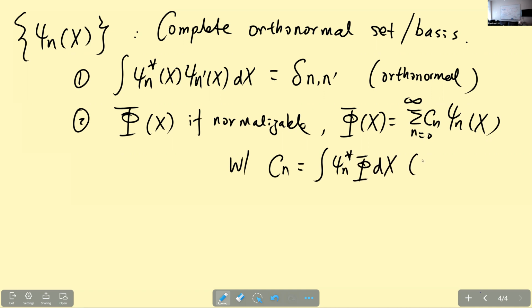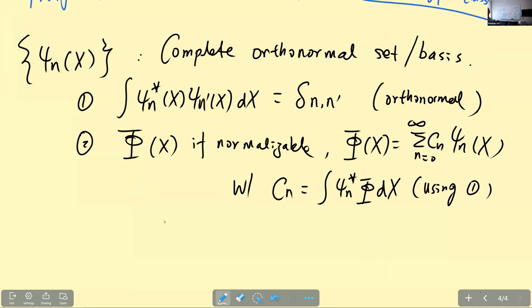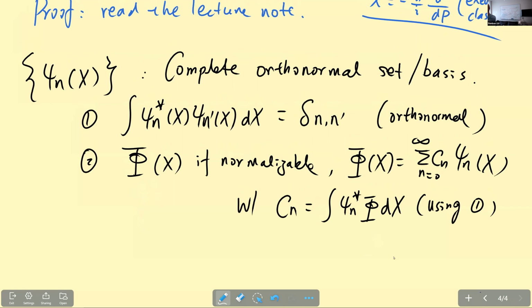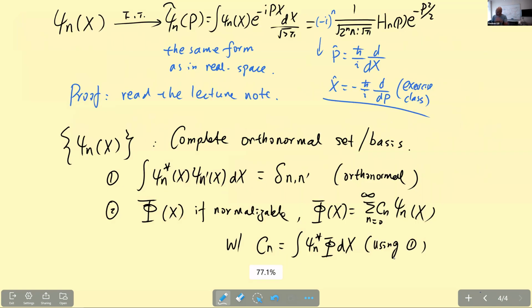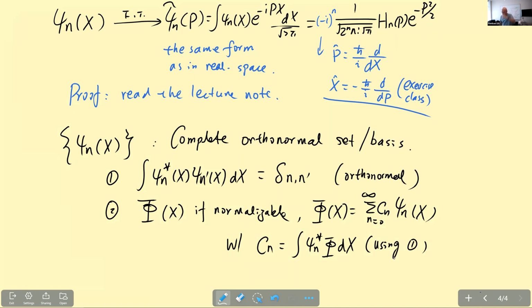Right. So you can just use the orthonormal condition to obtain this one. Okay. So this is something quite easy, right? So this is another feature about these eigenstates. So one more thing, okay?